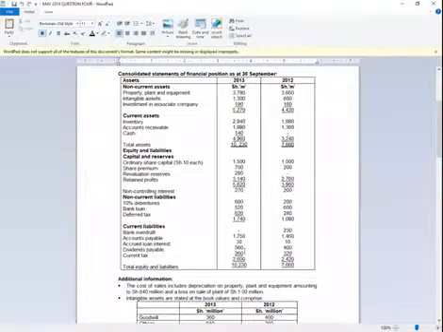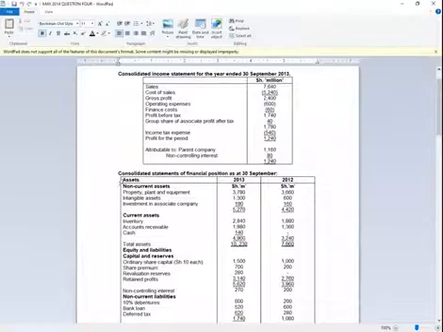After I get the current tax difference plus the deferred tax difference, I'll come and add the income statement tax for the period. The income statement tax for the period is 540.